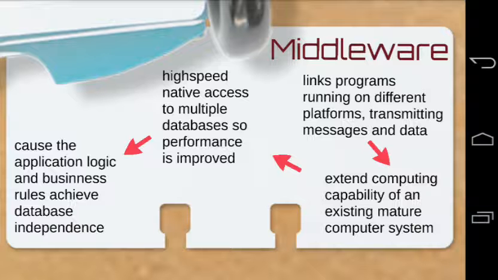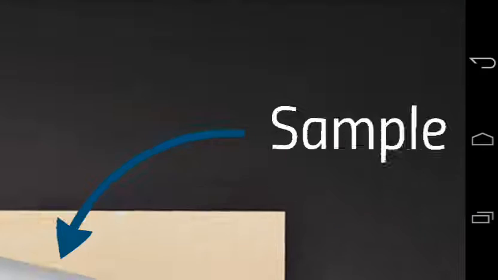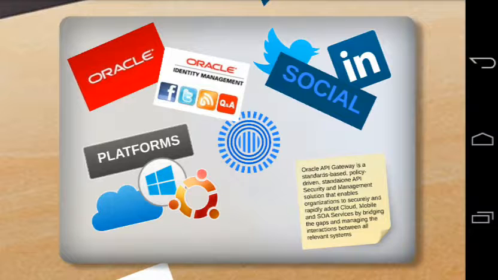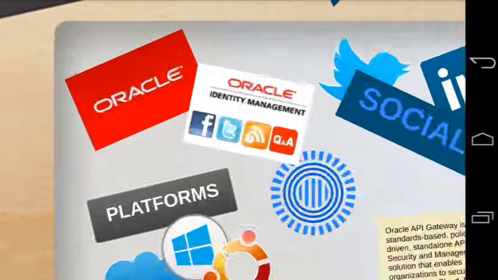In effect, it is extending the computing capability of an existing mature computer system, providing high speed native access to multiple databases so performance is improved. Since it provides high speed native access, it causes the application logic and business rules to achieve database independence.